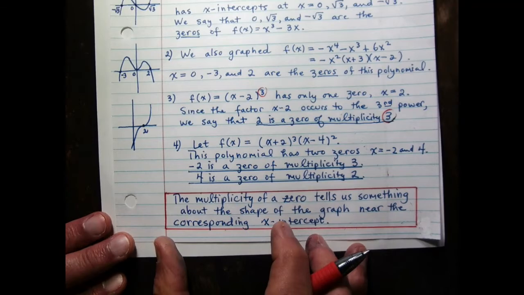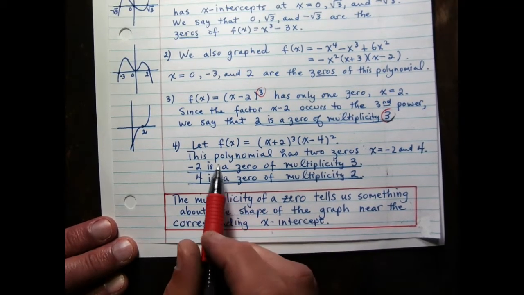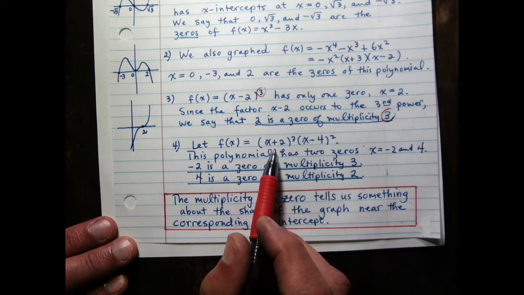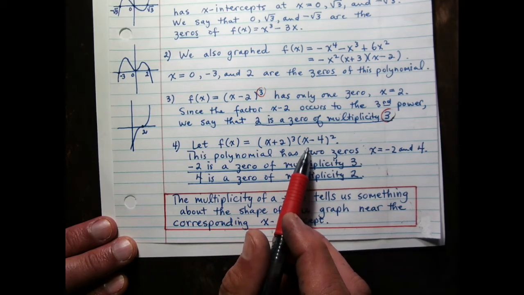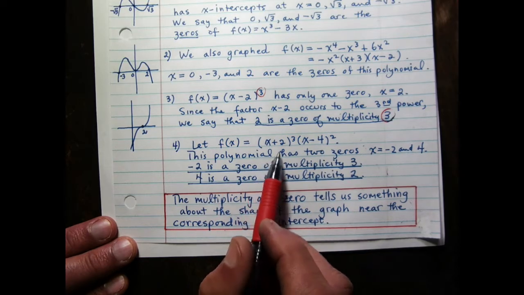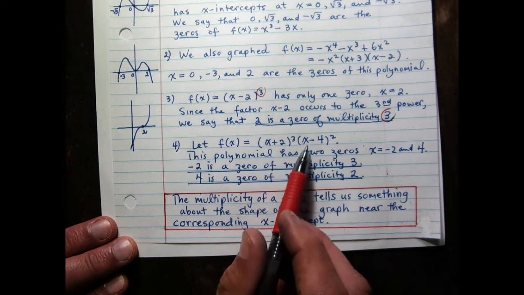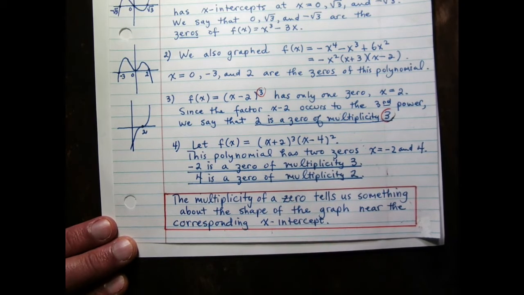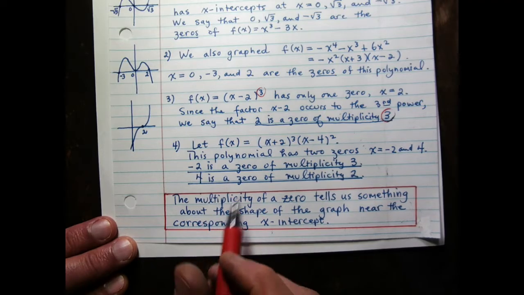Now, here's an example we haven't looked at yet that we're going to start looking at a bit. f of x equals x plus 2 cubed times x minus 4 squared. So I think you can see that this polynomial has two zeros, negative 2 and 4. They'd be the x-intercept values for that polynomial.